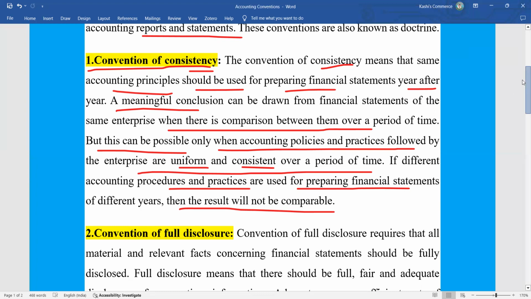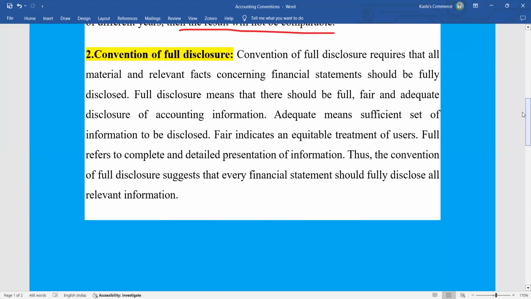Coming to the second one, the convention of full disclosure. The duty of the accountant is to prepare the financial statements of a business entity. After preparing the financial statements, we have to disclose the entire information to the accounting information users.